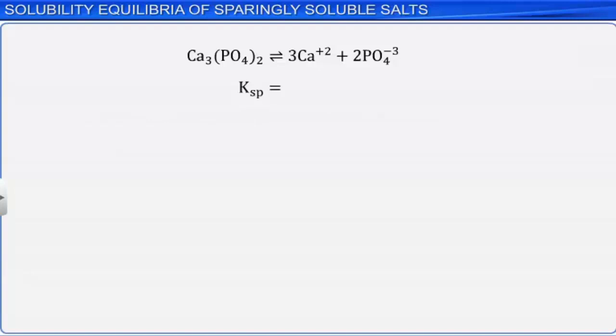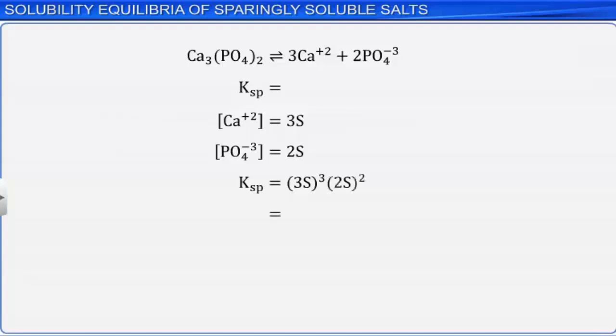If S is the molar solubility of calcium phosphate, then the concentration of Ca²⁺ ions will be equal to 3S and the concentration of phosphate ions will be equal to 2S. Substituting the concentration of calcium and phosphate ions in the Ksp equation for calcium phosphate, we get the solubility product Ksp is equal to the product of (3S)³ and (2S)².